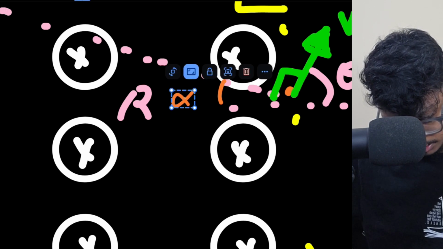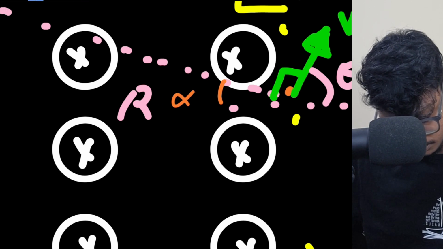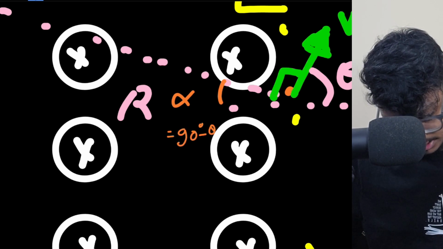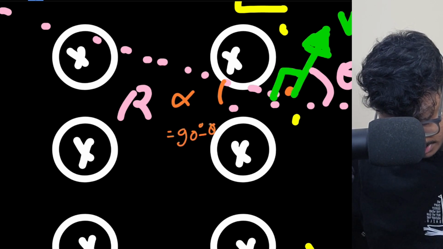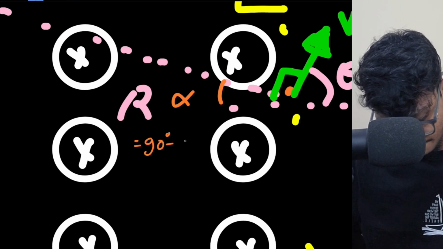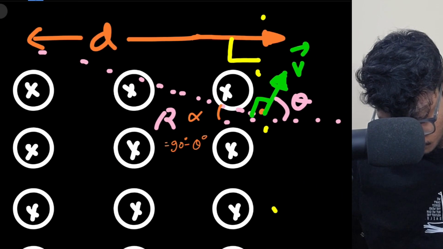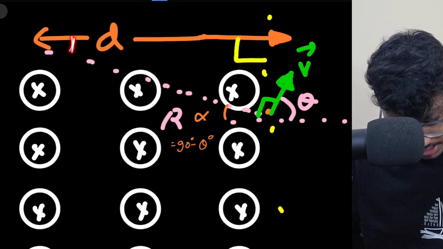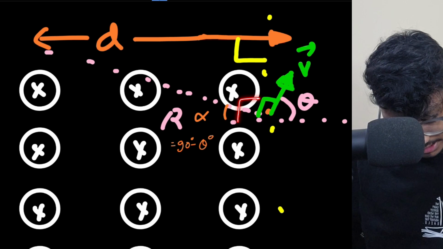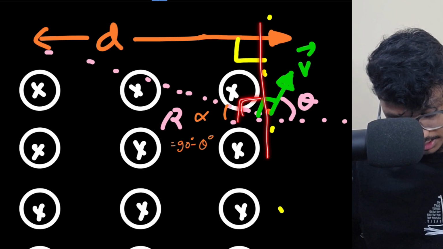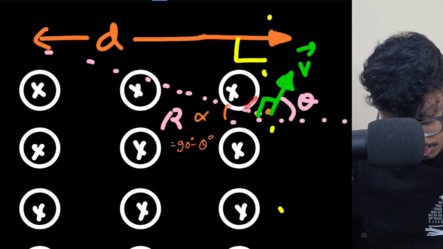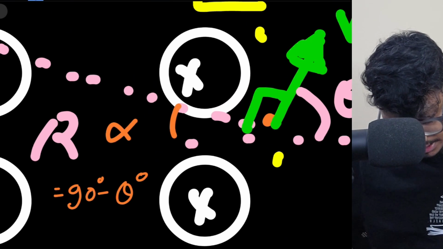Okay. So this is equal to 90 minus theta. So if this is 90 minus theta, just hold on. What will be this angle? This angle will also be 90 minus theta, correct? And this angle itself is what? This is just a perpendicular, right? If this is perpendicular, this angle will be 90. So again, if I add these two angles up, let me name this as beta angle.